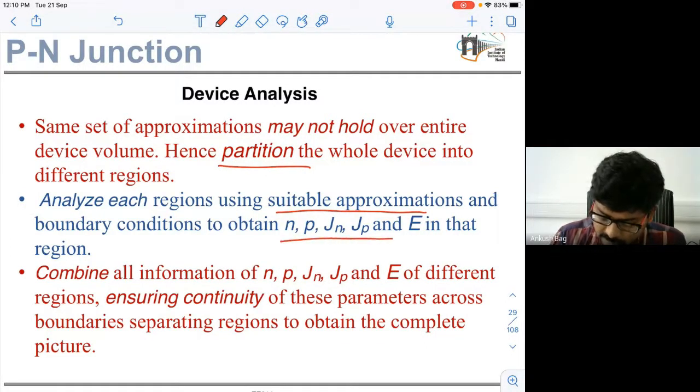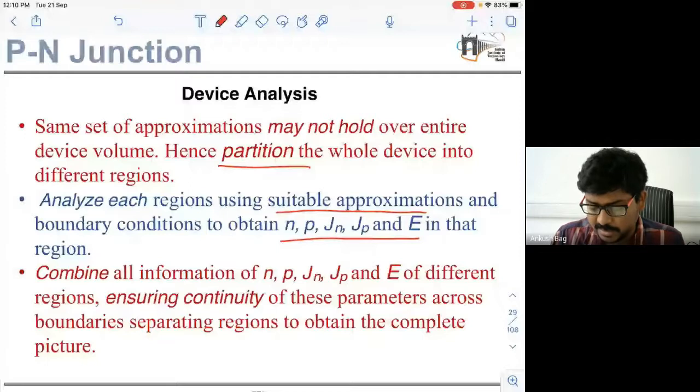That means electron concentration, hole concentration, electron current density, hole current density, and electric field with the X. So, the spatial variation of these 5 parameters we'll try to derive.